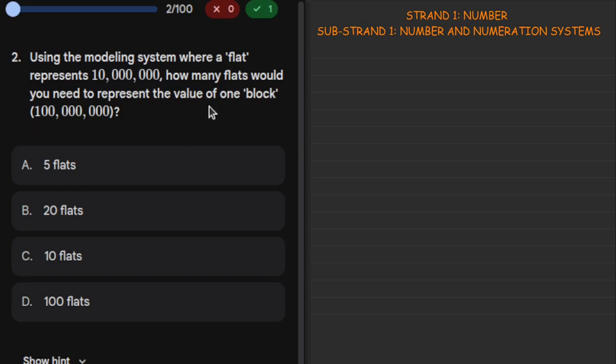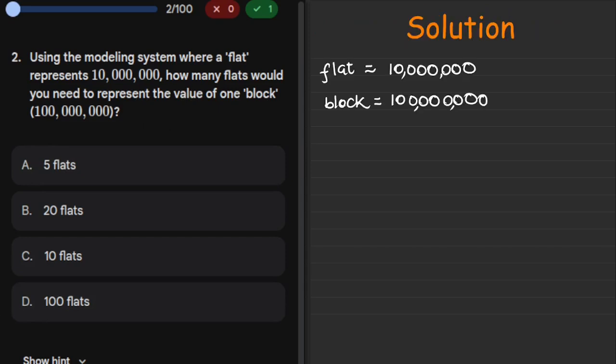And a block is 100 million. So this is just as we did for the first one. We are going to divide. Writing down our parameters, we have a flat being 10 million, and a block being 100 million. So we want how many flats are going to be needed to get what?